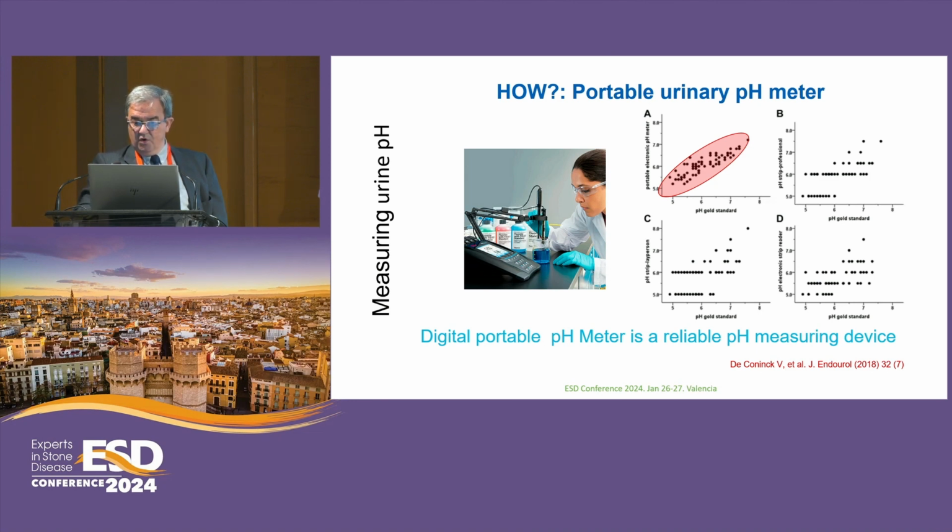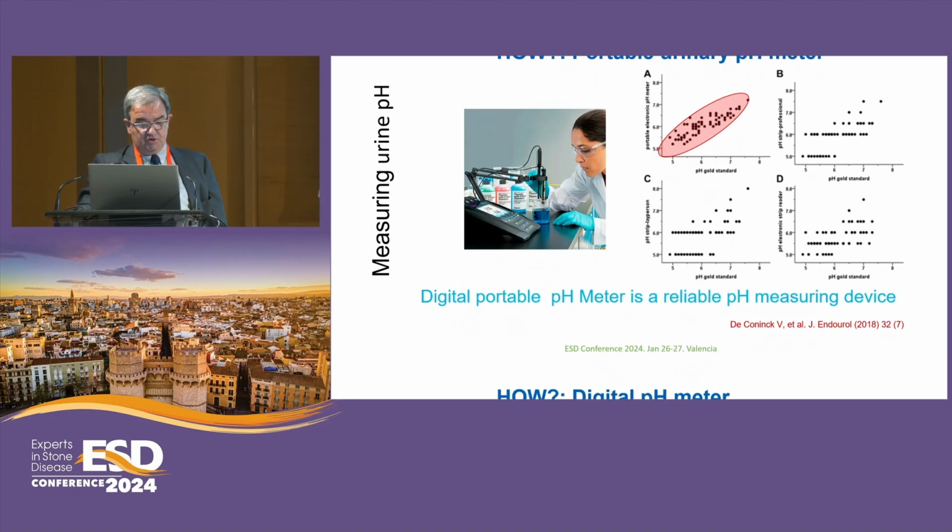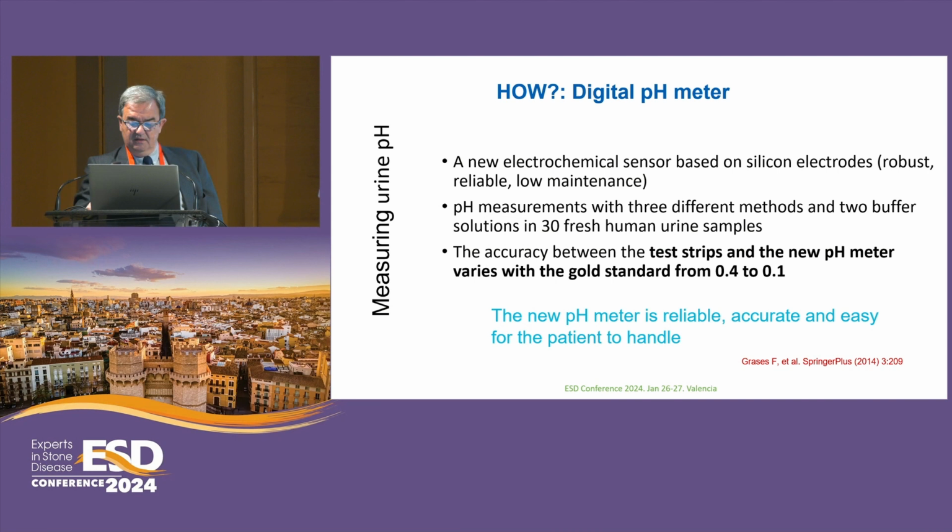Koenig and co-workers in 2018, and also Grases and co-workers previously, worked with a digital pH meter and compared the results of the pH measurement with strips and also with the lab pH meter.